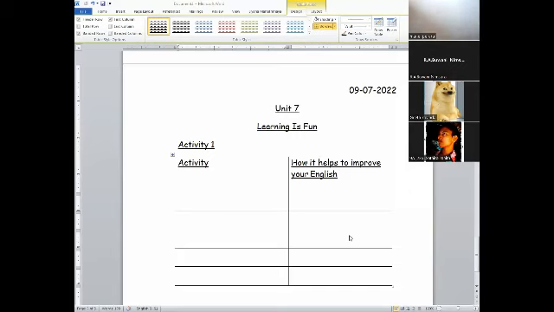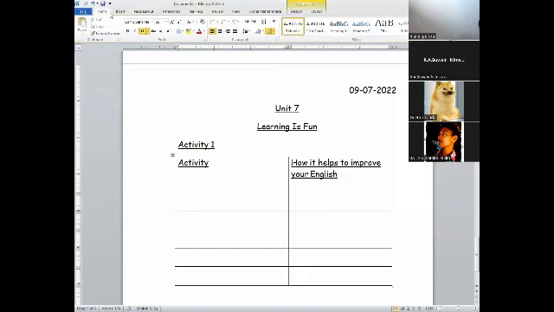You should write the example. And one more thing.